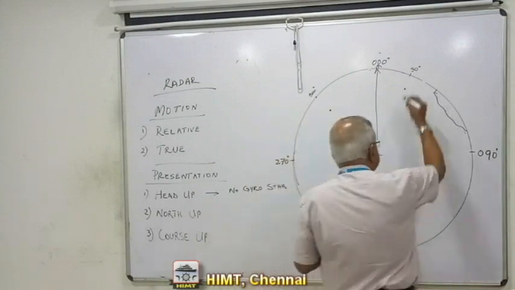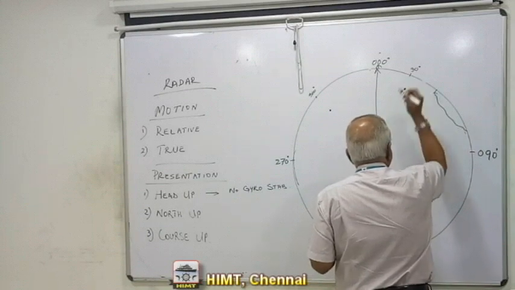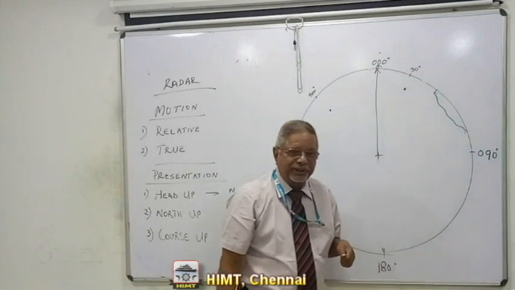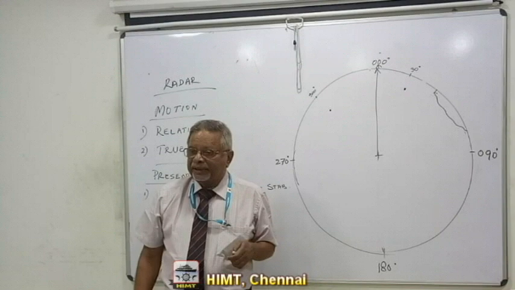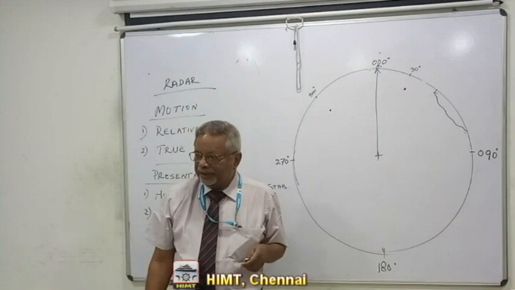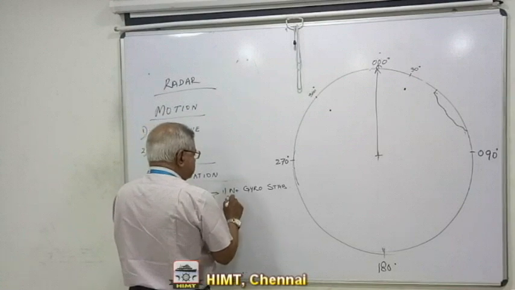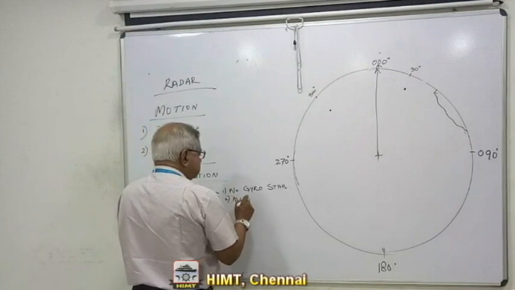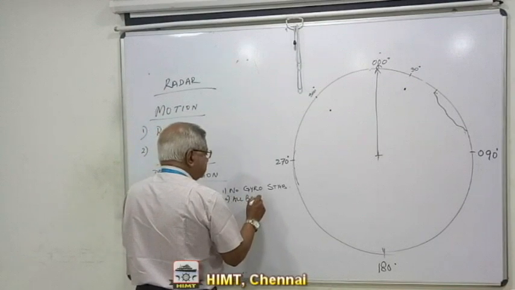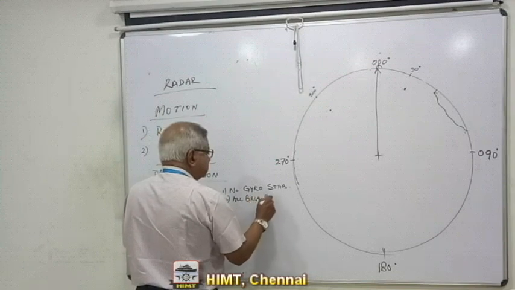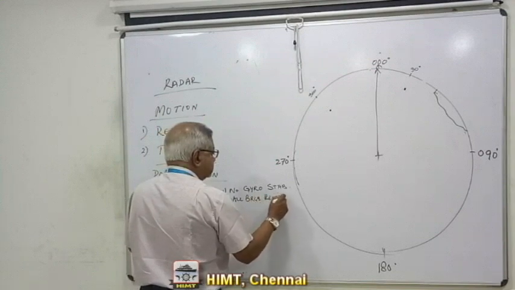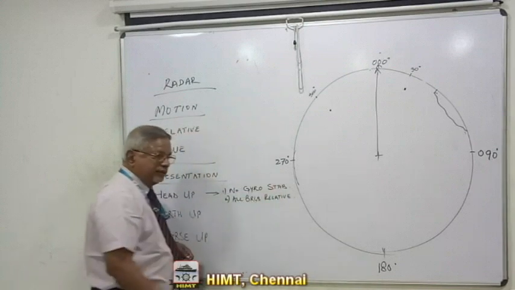Now if I take a bearing of this ship and I get 030 degrees, what is that bearing? Relative bearing. So all bearings are relative.